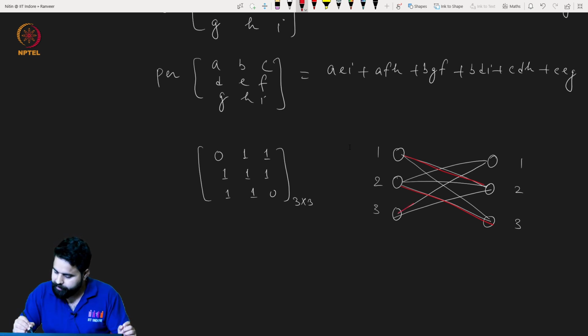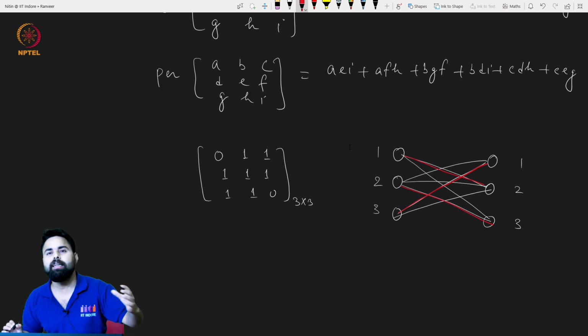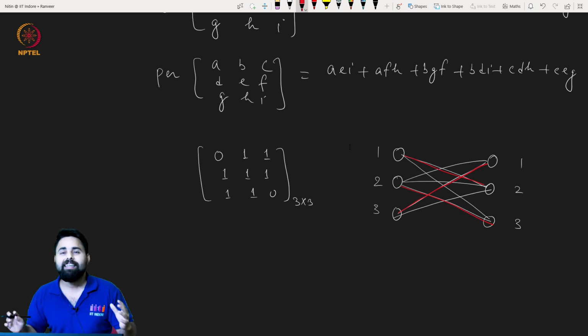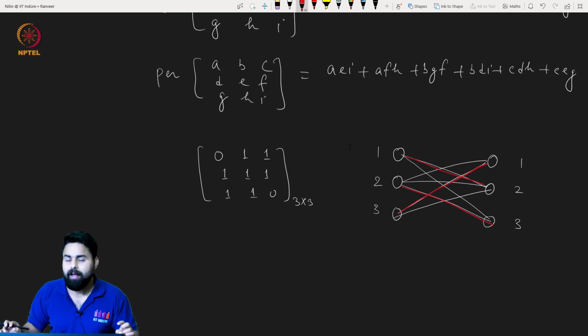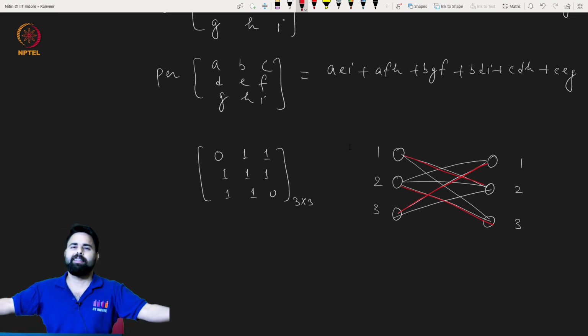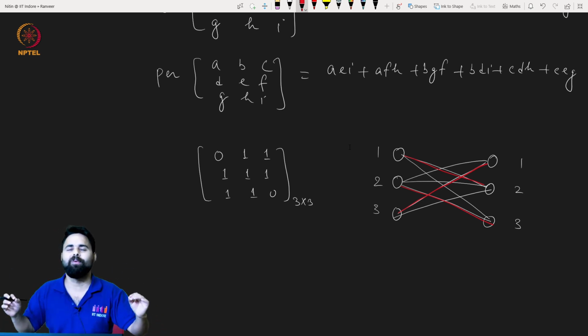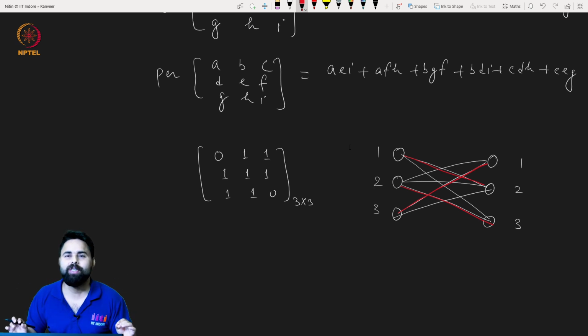Yes, indeed. Suppose I take these 3 edges, these edges are disjoint and also cover all the vertices. This is called a perfect matching. How many perfect matchings are there in a given bipartite graph? This is also a very challenging question.